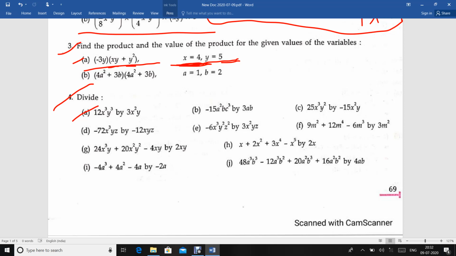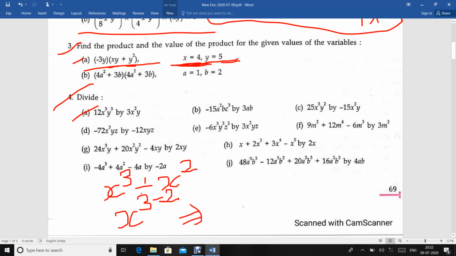Means if you have x raised to power 3 divided by x raised to power 2, you will write x raised to power 3 minus 2, which is equal to x raised to power 1.